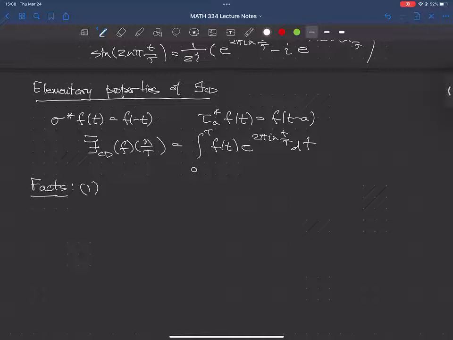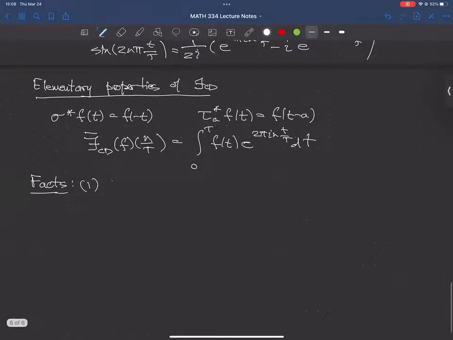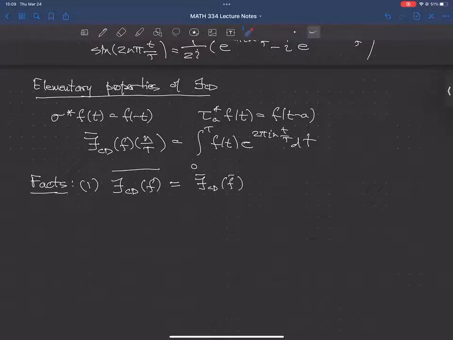The first says, if you take the CDFT of f and conjugate the values, this is the same thing as applying this alternative transform to the conjugate of the signal.